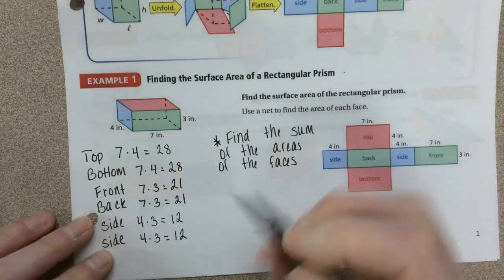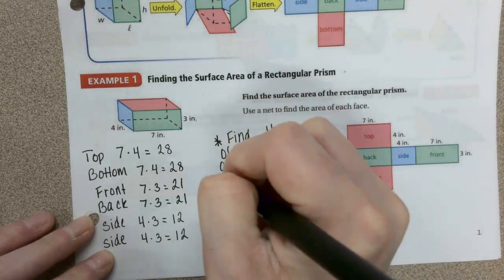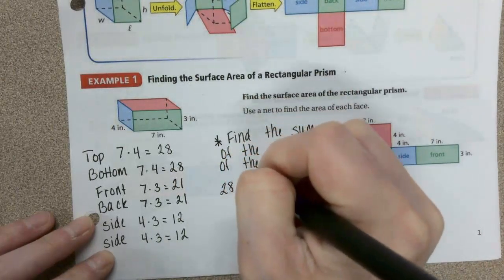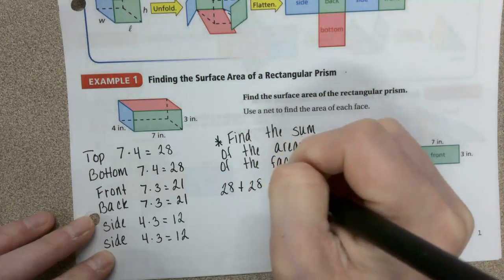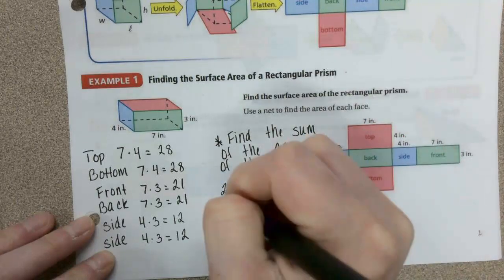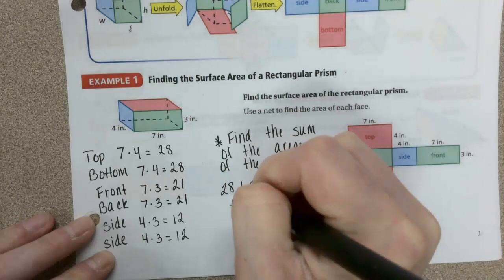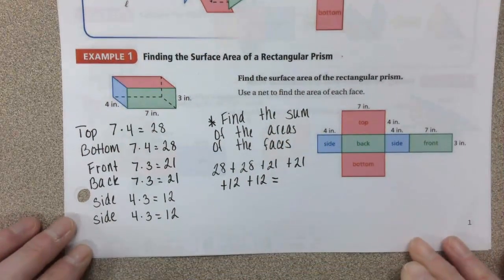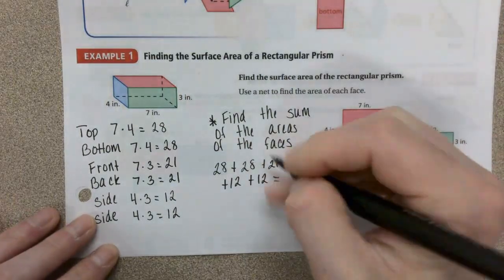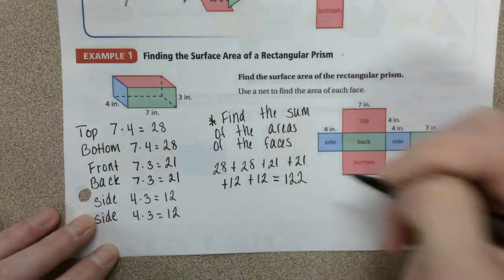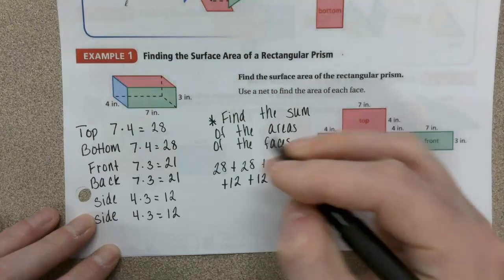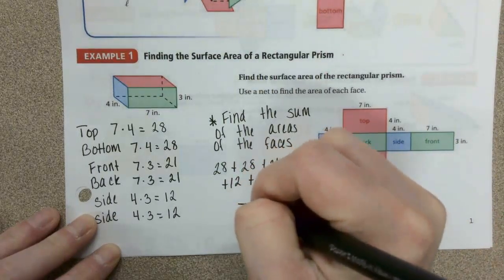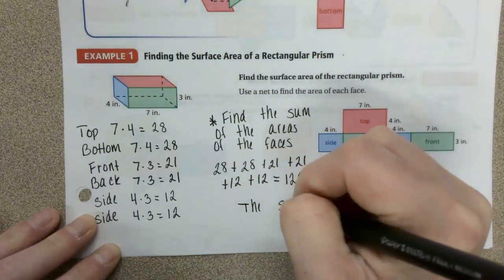So we're going to add all of these together. And we end up with 122. So our surface area is 122 square inches.